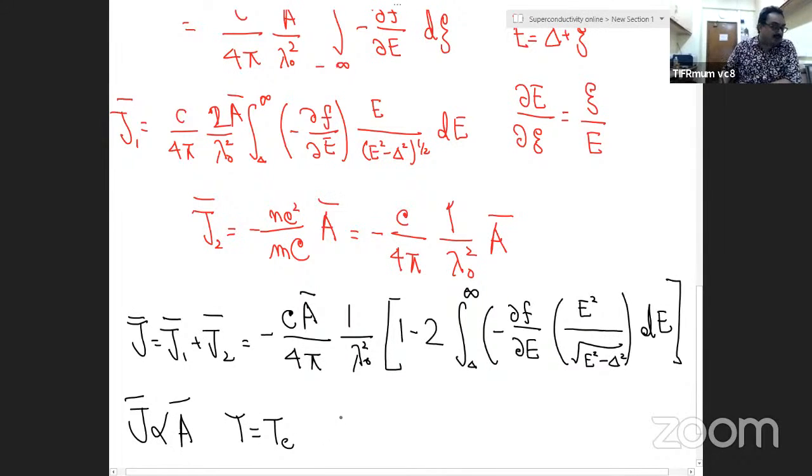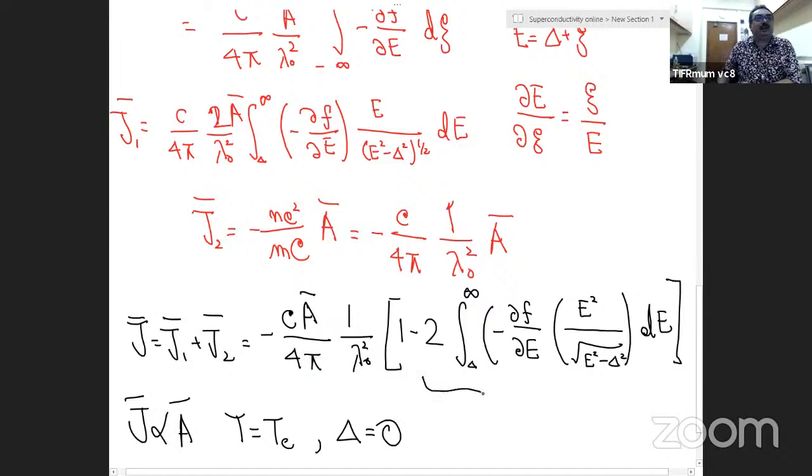At T equal to Tc, I know that delta is 0. So if delta is 0, then this quantity is 1. This del F del E is the delta function. And actually, even if it is not a delta function, the weight under it remains the same.